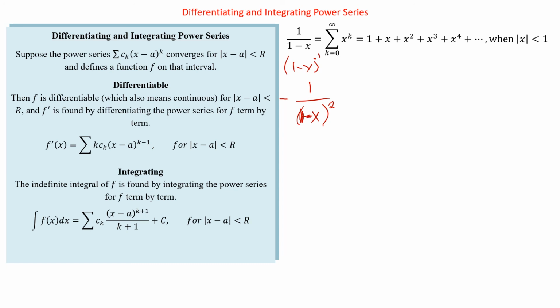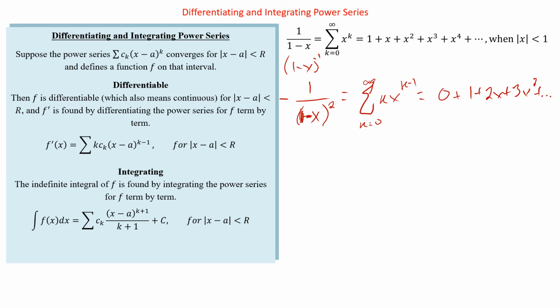So we have 1 over (1 minus x) squared. Differentiating the series term by term, it would just be k times x^(k minus 1), which equals 0 plus 1 plus 2x plus 3x squared plus dot dot dot.